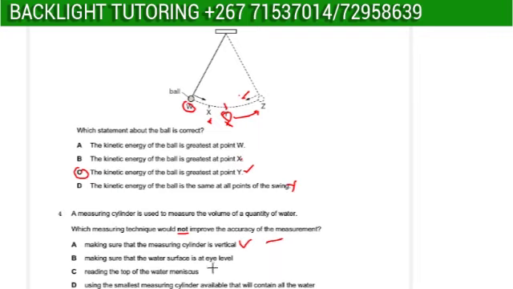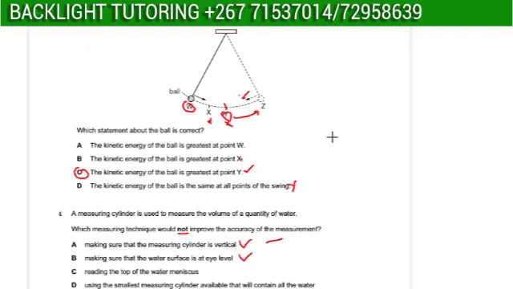B says make sure that the water surface is at eye level. So the water should be at eye level so that you can read the measurement correctly without making any estimation. C says reading the top of the water meniscus. That will be wrong.